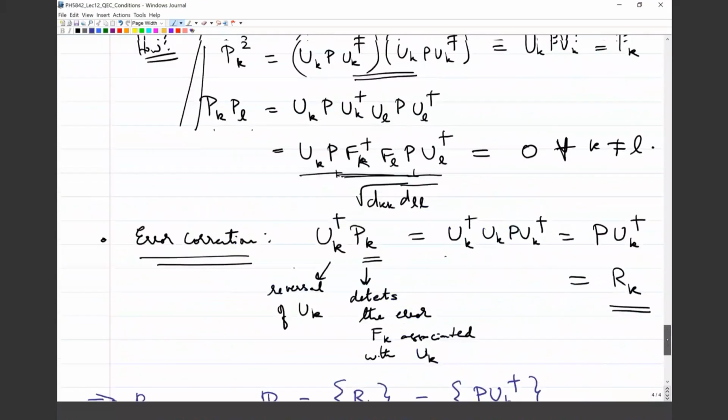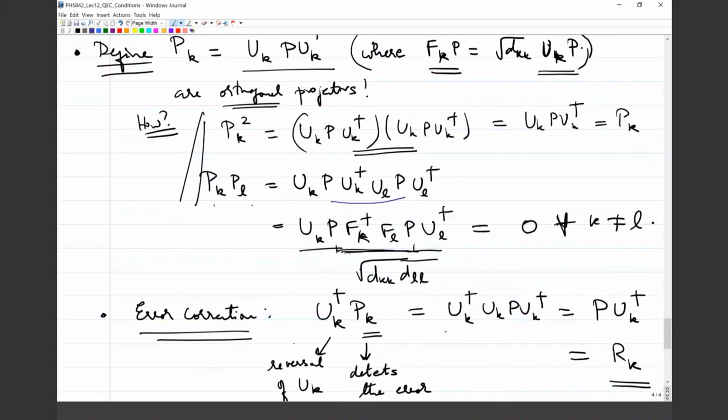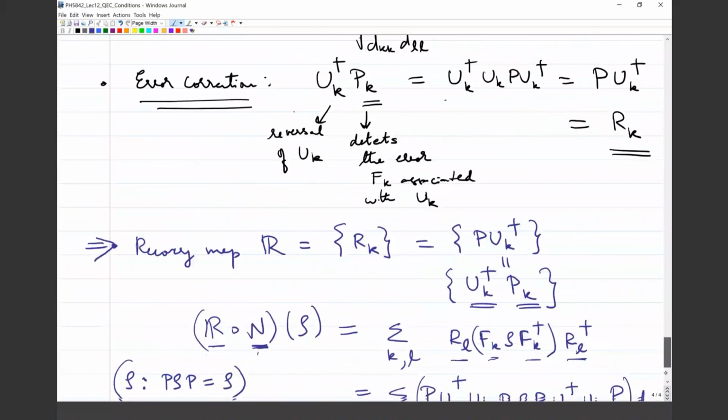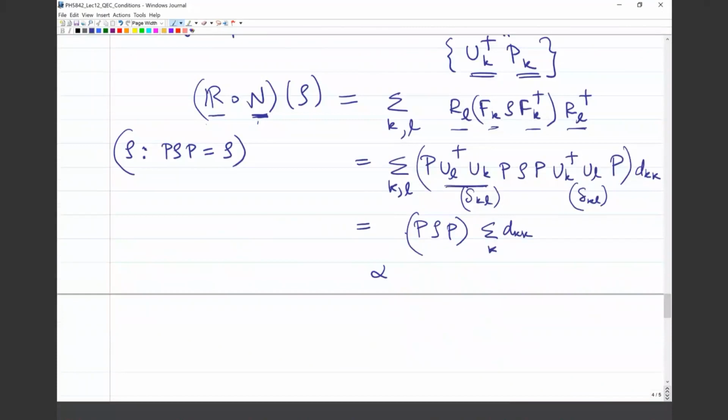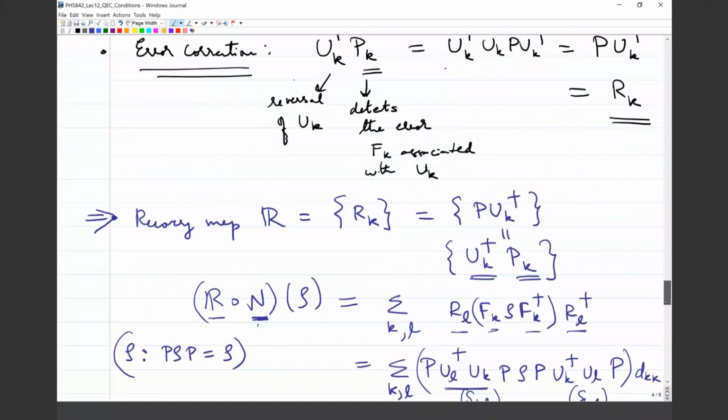So this product vanishes whenever K is not equal to L. So what I end up with is therefore a state that is proportional to the initial state in the code space. So note that I had to crucially use this fact that P rho P is rho. So for all states in the code space, I recover the state up to some constant or up to some scaling, right? So that we have shown this error correction property that was claimed.